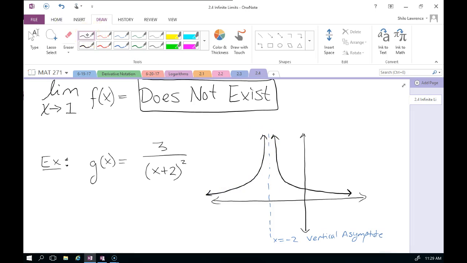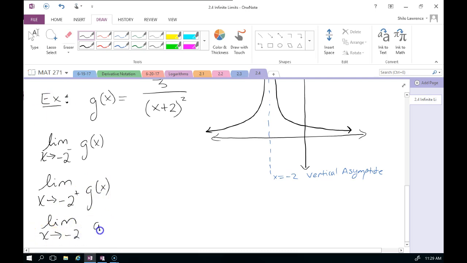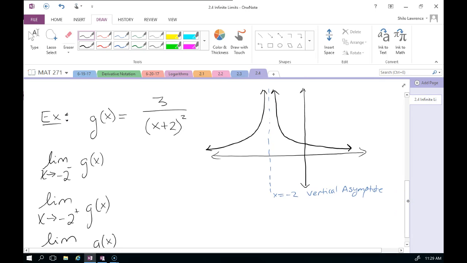So if we were to ask about the limit as x approaches -2 from the left, and then the limit as x approaches -2 from the right, and then just the standard limit as x approaches -2, not specifically left or right. So first from the left, we want to approach our -2.